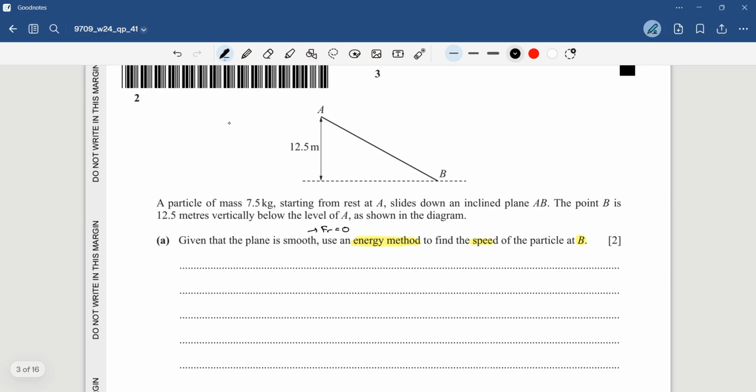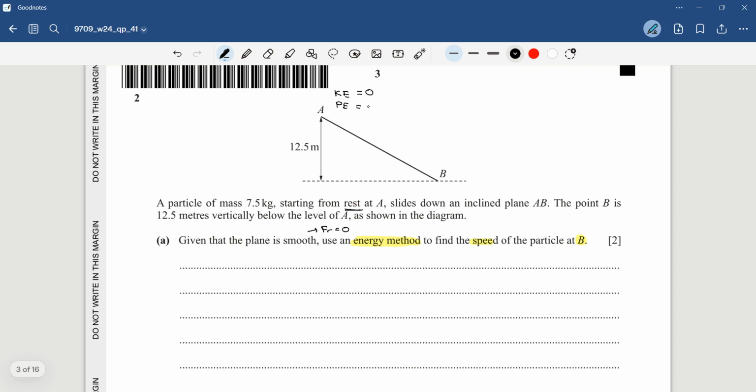The energy will be converted from one form to another. For example here, the energies involved are kinetic energy and potential energy. Since the object starts at rest from A, your kinetic energy is equal to 0.